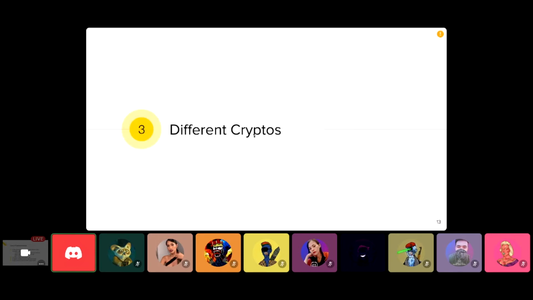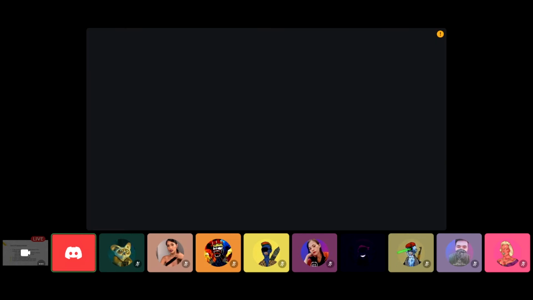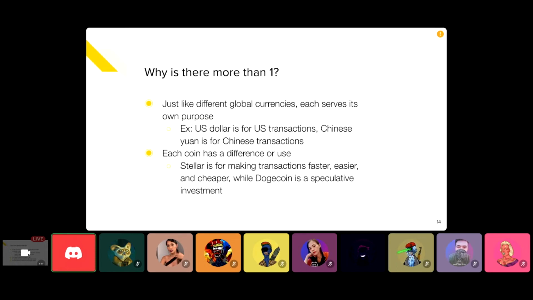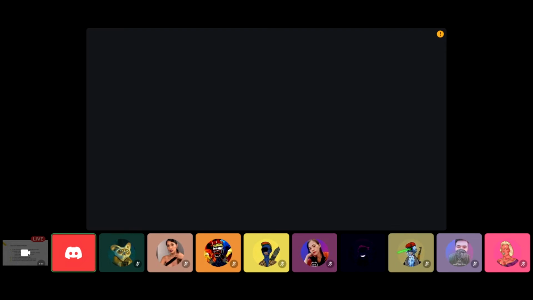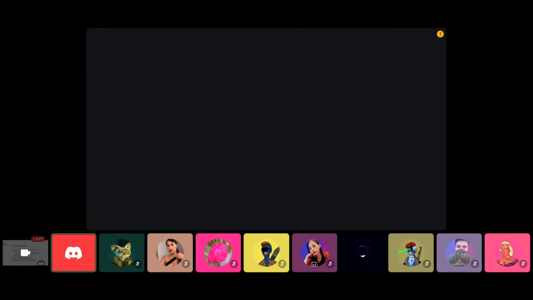So let's move on to some different cryptos. The first question we want to ask is why is there more than one crypto? Just like how different global currencies have their own purpose, for example, the US dollar is used for US transactions, while the Chinese yuan is used for Chinese transactions, each coin has a different use.